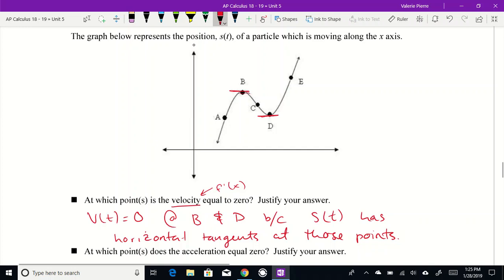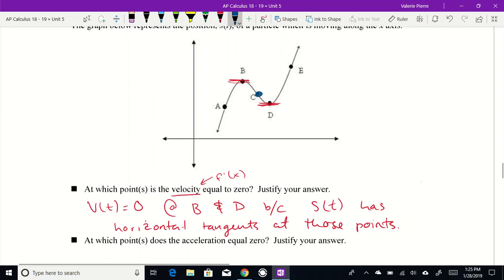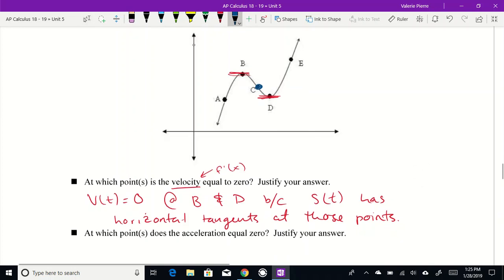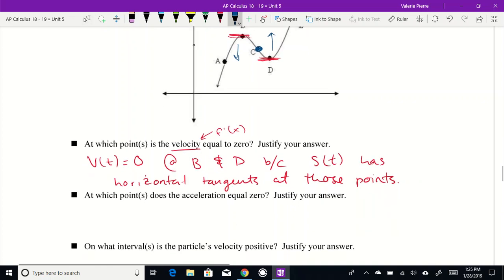So if our horizontal tangents are B and D, then right in between that, at point C, we will have our acceleration equaling 0, right? Because we're changing concavity. We went from concave down to concave up. So A of t equals 0 at C because S of t has a point of inflection.